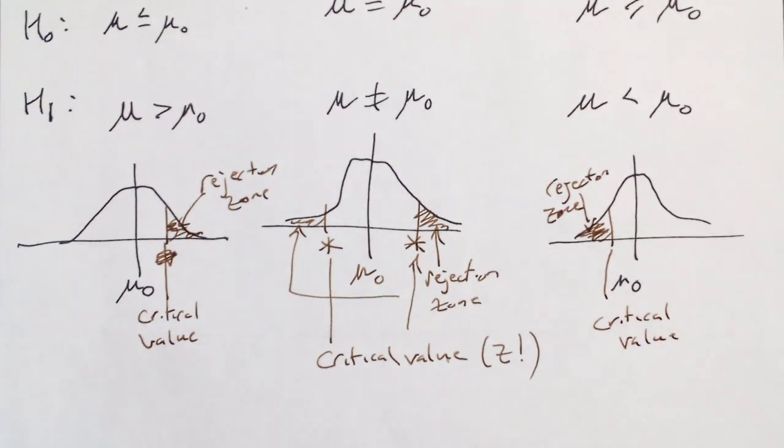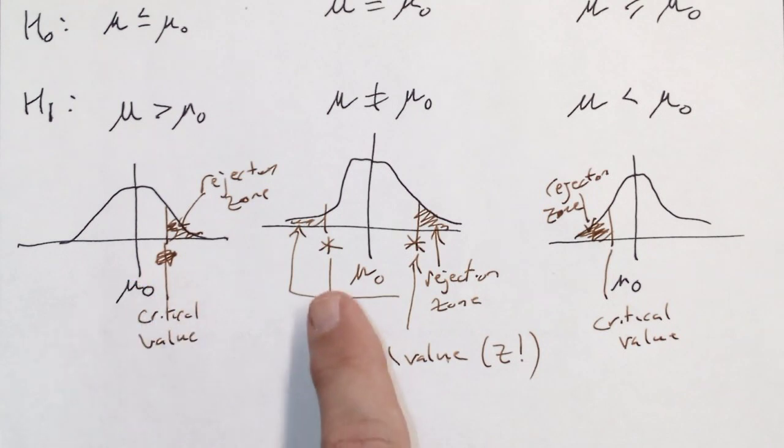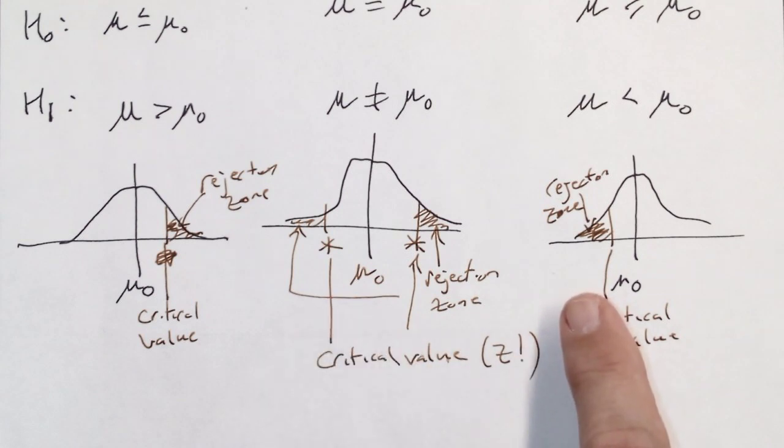I hope it is to no one's surprise. This is called a right tail test. This is called a two-tail test. And this is called a left tail test.